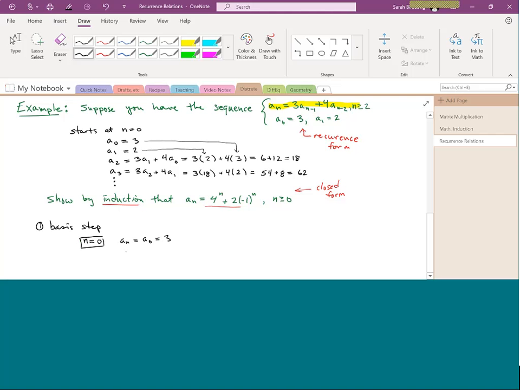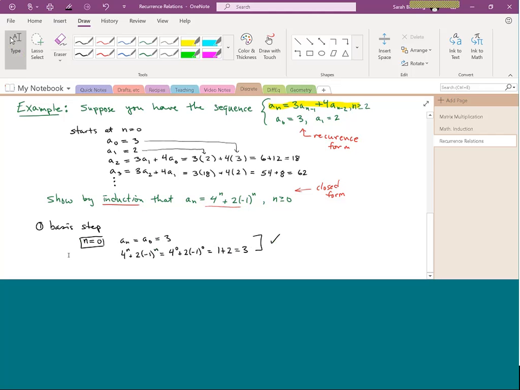And in the formula, 4^n plus 2 times (negative 1)^n, plug in 0, you'll get 4^0 plus 2 times (negative 1)^0, or don't overthink it, 1 plus 2, which is 3. Those two are exactly the same, so we're good to go. Note, you could have also just plugged in 3 on this side and n equals 0 on this side, and you would have got that both sides were equal. That's also totally fine.